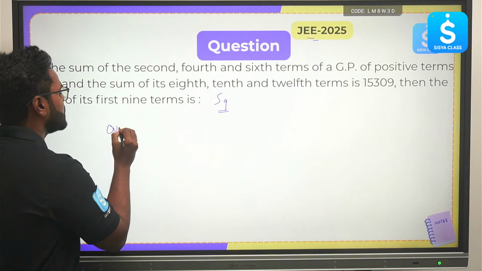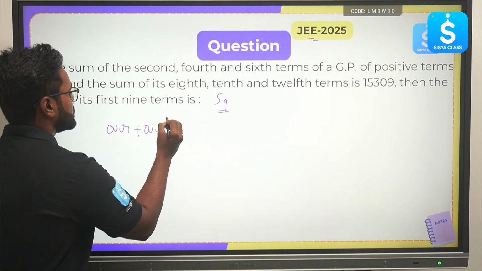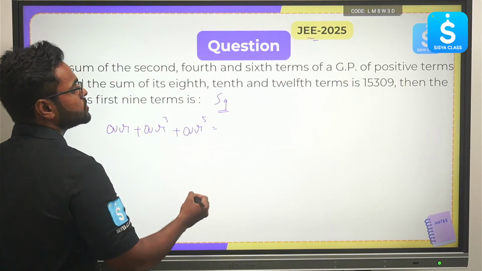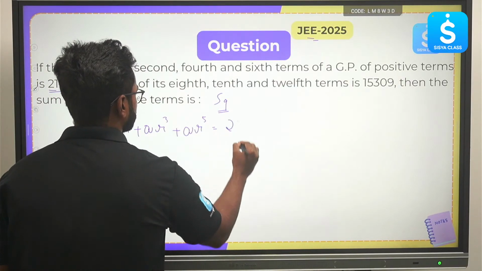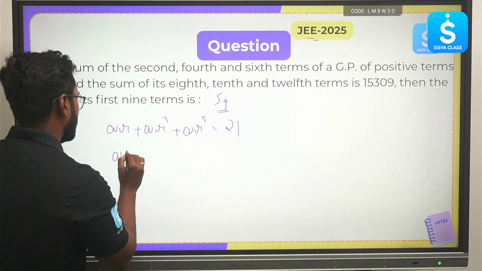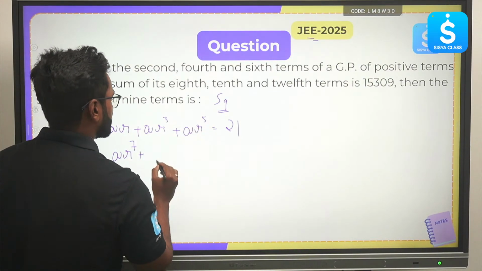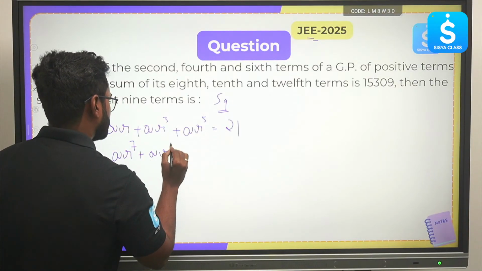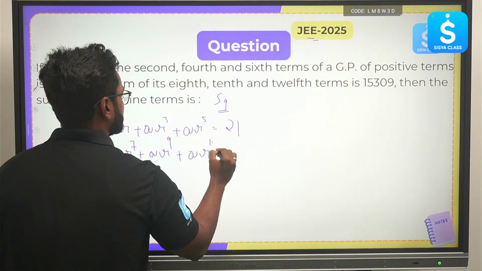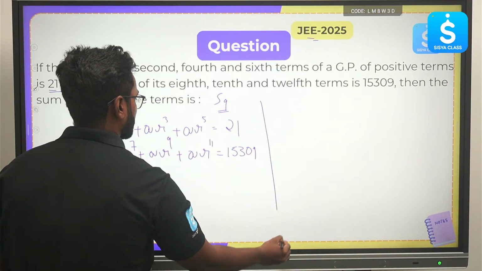The second term is ar, right, plus ar power 3 plus ar power 5 equals 21. Now, the sum of its 8th, 10th and 12th terms. 8th would be ar power 7 plus ar power 9 plus ar power 11 equals 15309.